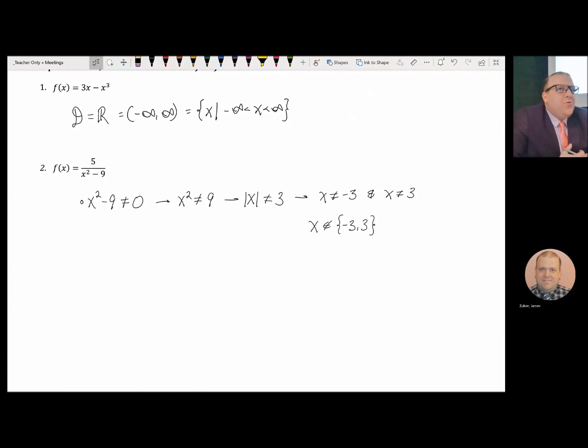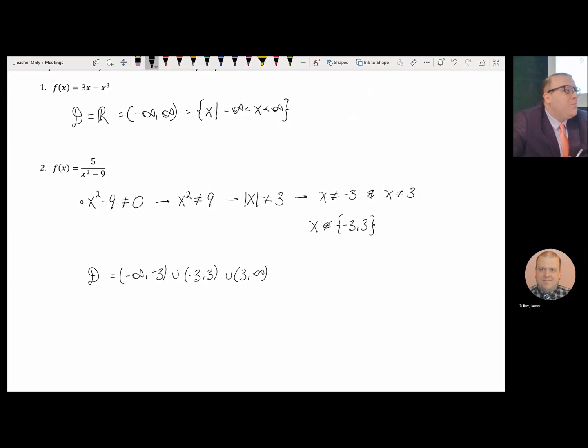Now you ask yourself, do we have a radical? No. Since we know x is not negative 3 and x is not positive 3, we remove those two elements from the real numbers. Again, there are two ways to represent it. Interval notation: negative infinity to negative 3, unioned with negative 3 to positive 3, unioned with 3 to infinity.